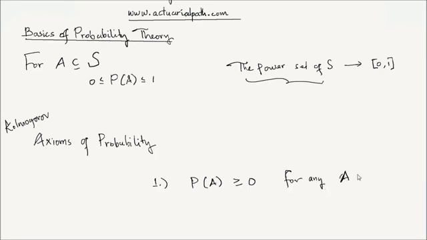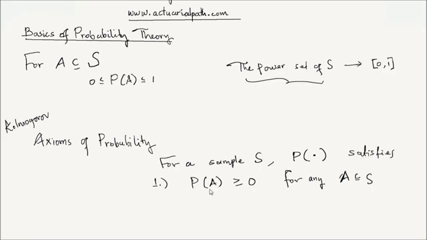And by the way, I should mention that the sample space must be non-empty. For a sample space S, which is not empty, the set function P satisfies the following.